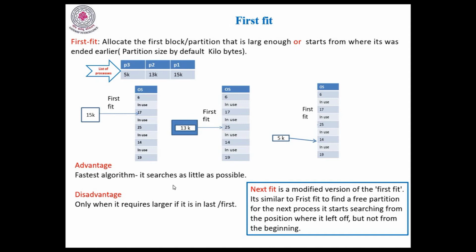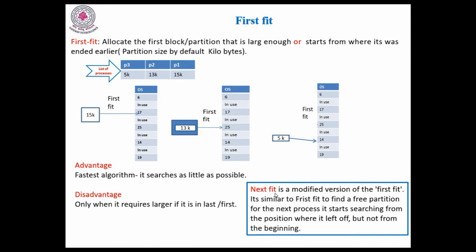So it is very fast. Disadvantages: for example, for 5K, the exact suitable location is available, but as per the definition, I am not able to go back. Once the first process is completed, it has to start from there for the next process. This is one of the drawbacks.